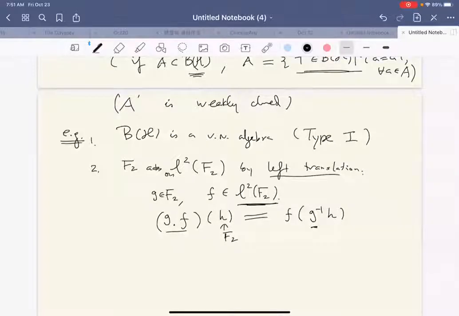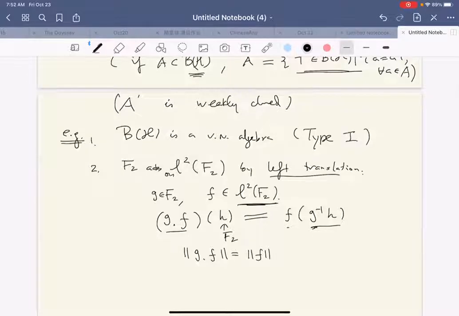So what does it do? The first observation is that the norm of G acting on F is the same as the norm of F, because it just shuffles the sequence by acting on the left by G inverse. As a sequence, if you take the L2 sum, you still sum over all the group elements. So the norm is the same, and this action preserves the norm.